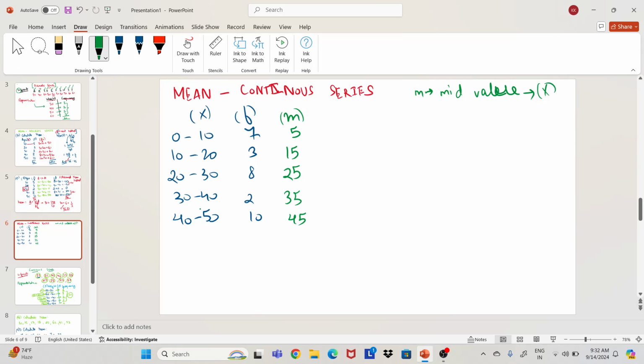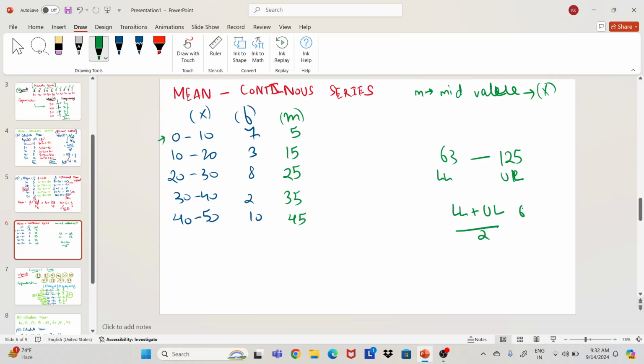Now, how to calculate the mid value? It was simple to calculate the mid value of 0 to 10. But what if I ask you to calculate the mid value of 63 and 125? There is a simple formula. This is known as the lower limit, and this is known as the upper limit. You just add the lower limit and upper limit and divide by 2.